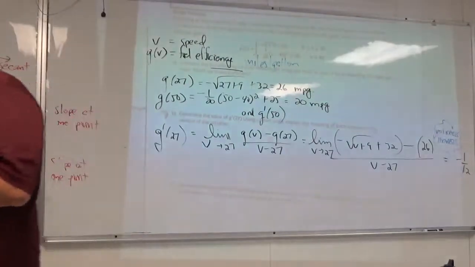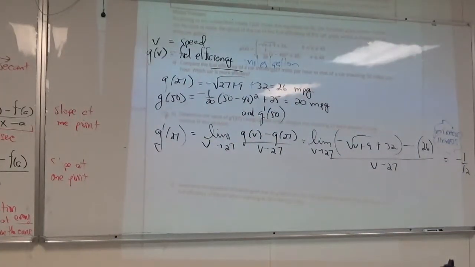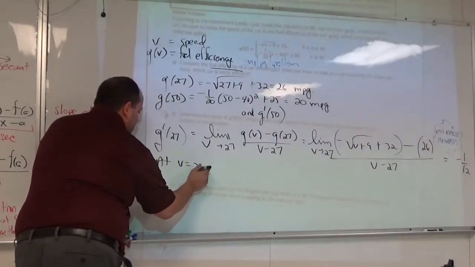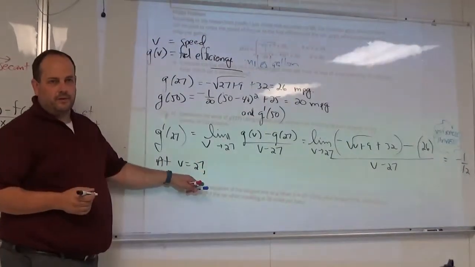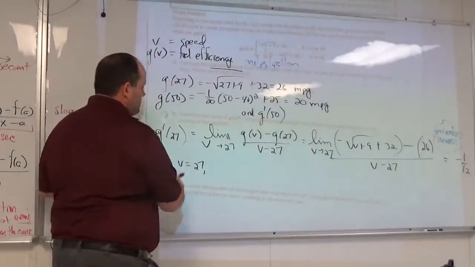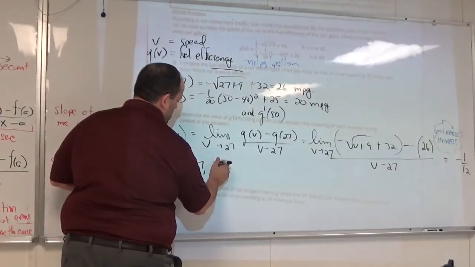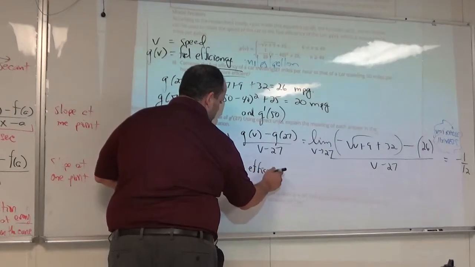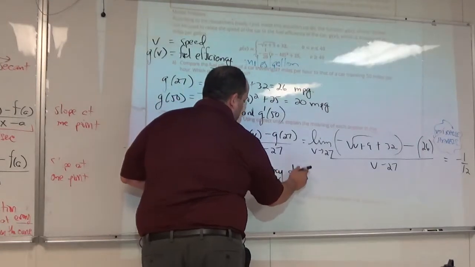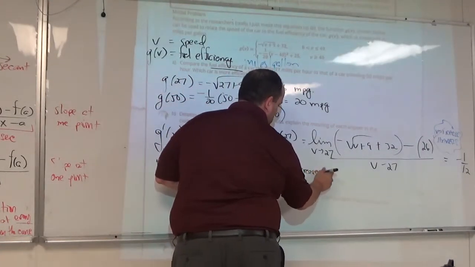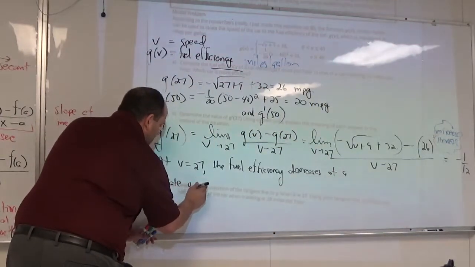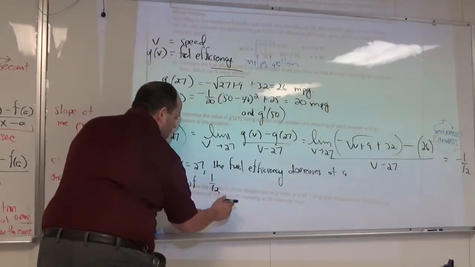Get me that sentence. At V equals 27, what's the function? The fuel efficiency. What's the fuel efficiency doing? It decreases at a rate, this is the easy part, of 1 over 12.